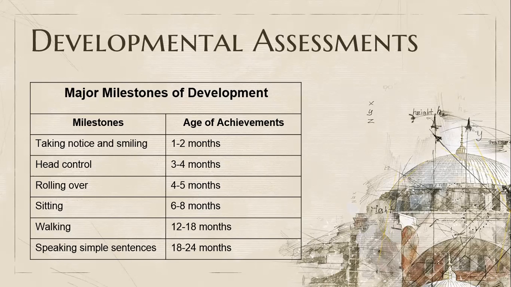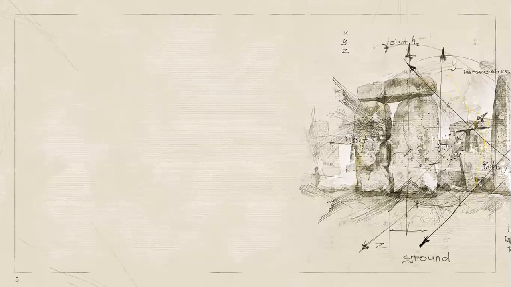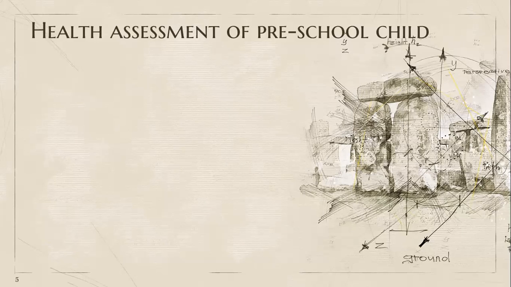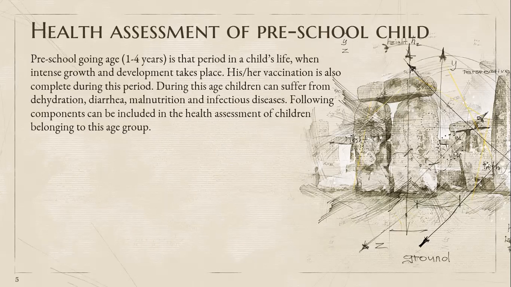This is regarding health assessment of infant. Next, we'll see health assessment of preschool child. Preschool going age, 1 to 4 years, is that period in child's life when intense growth and development takes place. That is the different period where the baby gets different feelings, and his or her vaccination is also complete during this period.